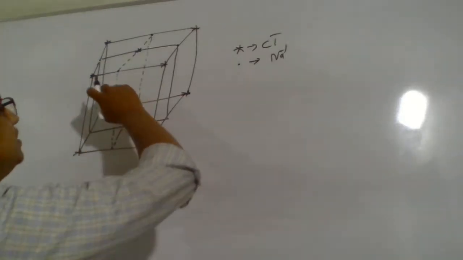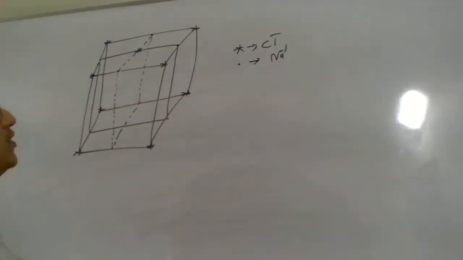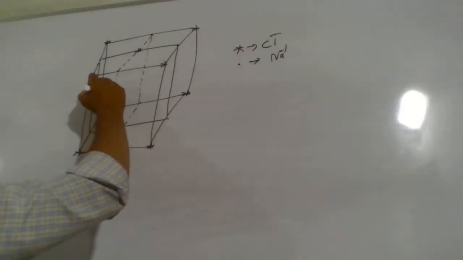So at alternating positions, cation and anion will be there. That's something you can make sure of. Similarly here as well.